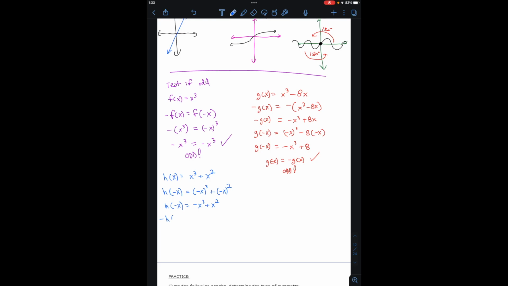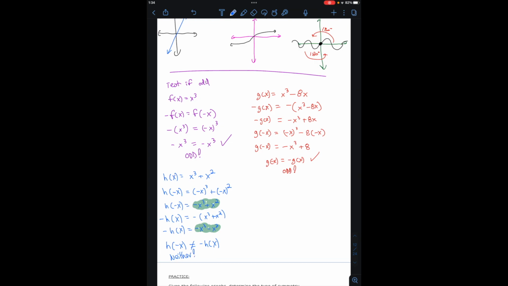Comparatively, if I had negative h of x, I would do negative of x cubed plus x squared. Negative h of x would be equal to negative x cubed minus x squared. And you'll note that's not the same. There's a minus compared to a plus, so h of negative x does not equal negative h of x. So that one we would have found is not odd, it's not even, it's neither.